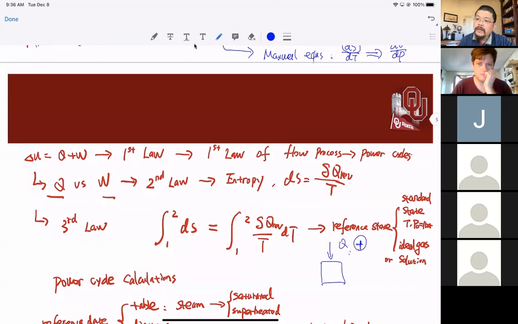I always compare that to your bank account. If you receive a deposit, that's always a positive impact to your saving. If I have to do work on the surrounding, I have to spend a budget on a textbook, then this is a negative impact on the saving account, right?